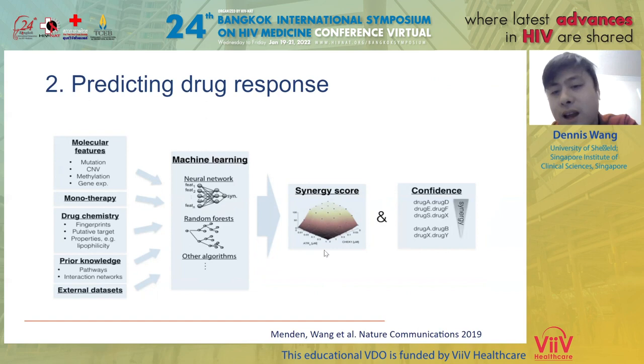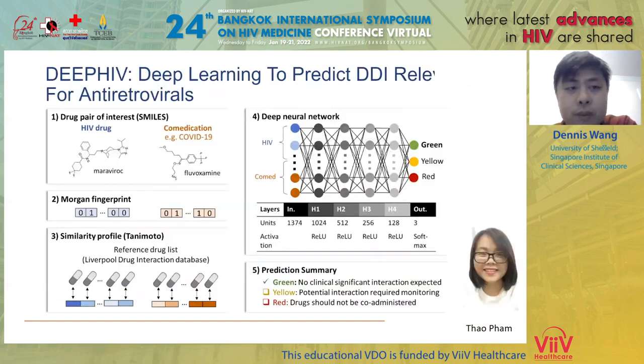What I'm showing here is the efficacy of a combination of drugs as measured by their synergy score. And we often try to come up with a confidence in that prediction as well. So an example of this is work being done by a talented PhD student, Tao Pham, who has used chemical information from pairs of drugs to predict the drug-drug interaction of those two pairs of drugs.